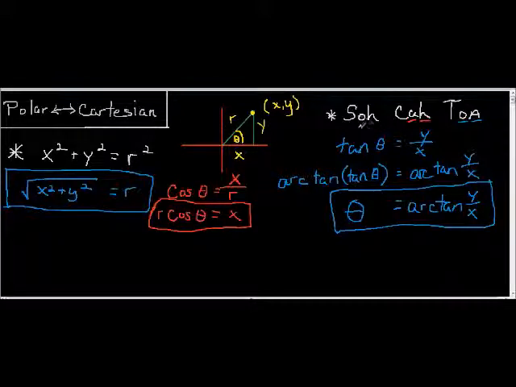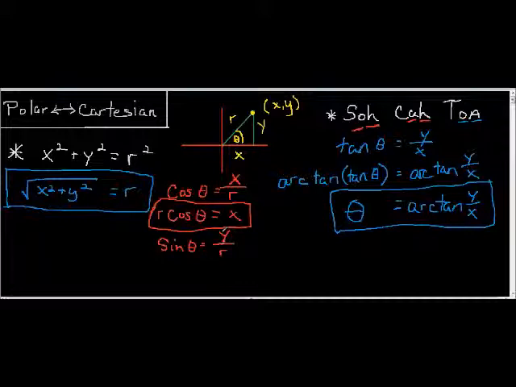Well, there we have it, our sine. There's our opposite and there's our hypotenuse. So let's go ahead and write it. Sine of theta equals our opposite, which is our y, over our hypotenuse, which is our r.